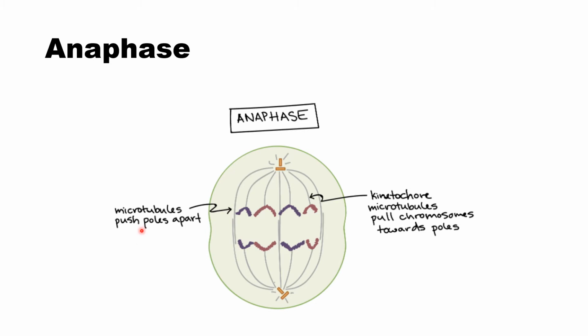So, microtubules will push or pull apart yung spindle, and then yung kinetochore microtubules pull chromosome towards the pole. So yun yung gagawin doon sa anaphase. They will pull apart yung chromatids.